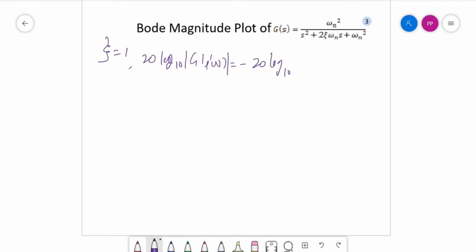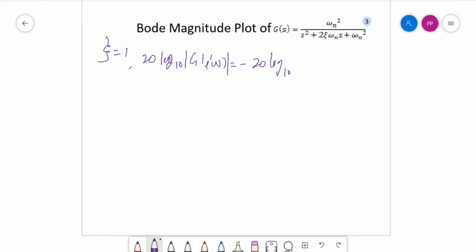If you simplify the expression in terms of damping ratio equal to 1, let us see how it impacts the situation.